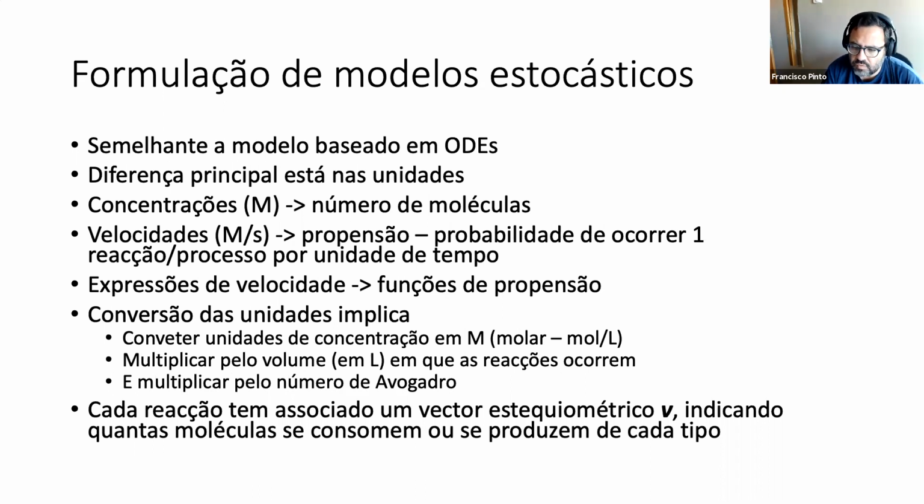So you need to know the volume where the reactions are taking place in your system, and multiply the concentration value by the volume, and convert the number of moles into the number of molecules by multiplying by the Avogadro number.